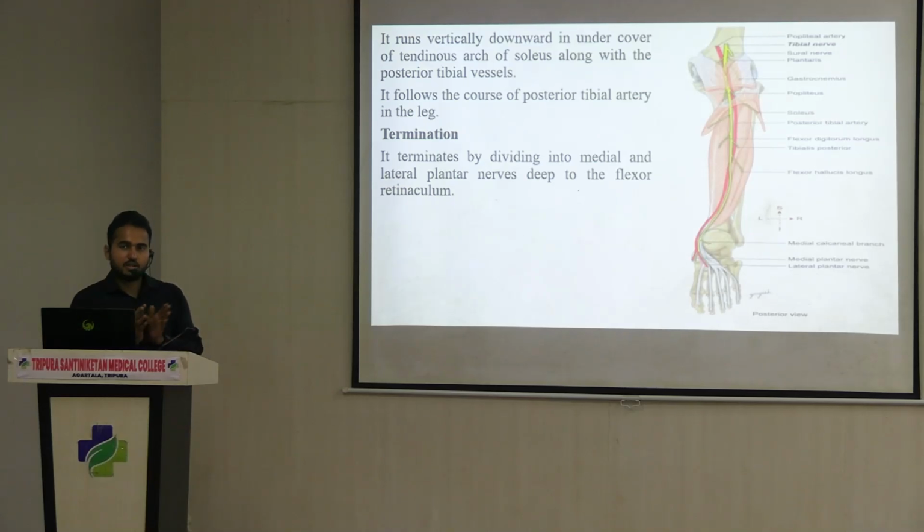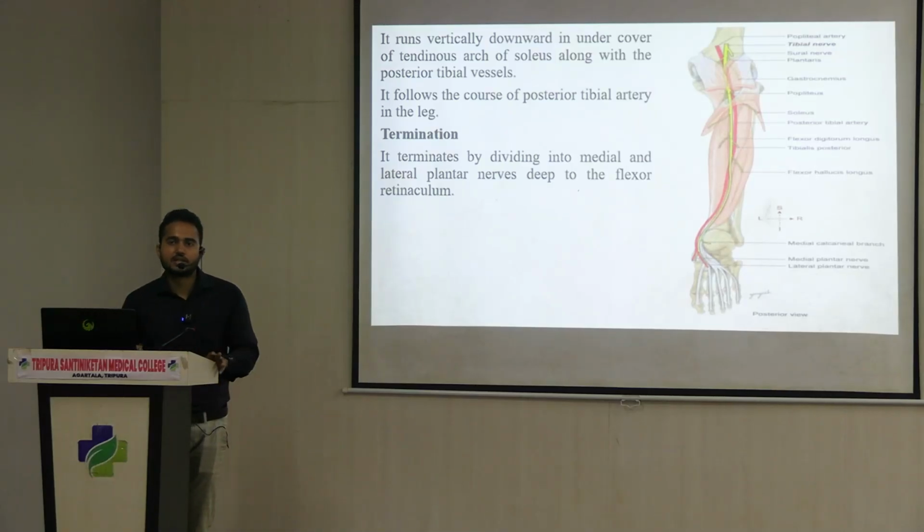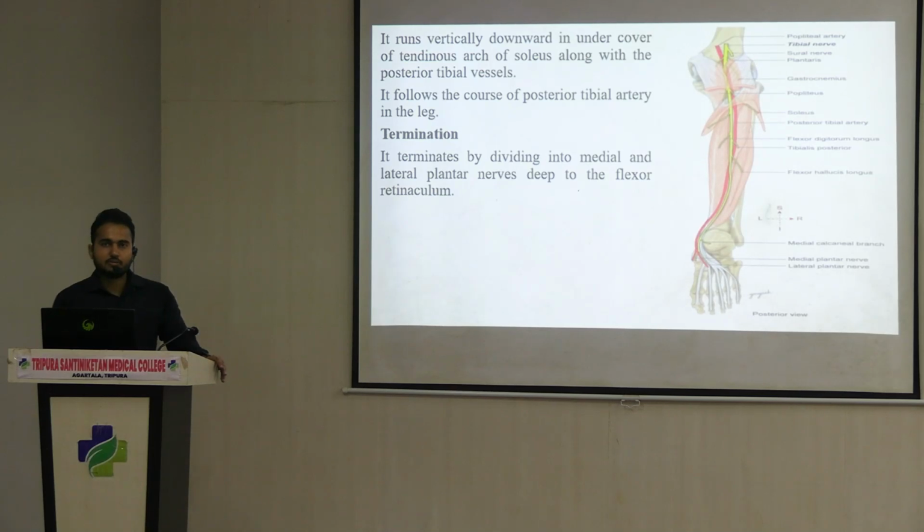At that time, it divides into two branches, the medial and lateral plantar branches, which go on to supply the medial and lateral aspects of the plantar surface of the foot. So this is the way to explain any of the nerves, especially in the case of the lower limb.